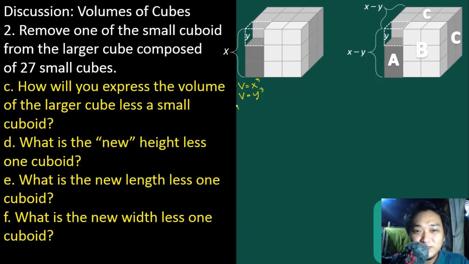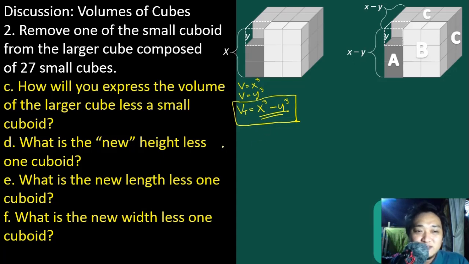We will be pertaining to the total volume. The total volume will be x cubed, yung malaki, bawasan ng isang maliit, isa lang. So, that will be minus y cubed. That will be our total volume. Let us take note of this, kasi later on, gagamitin natin yan.